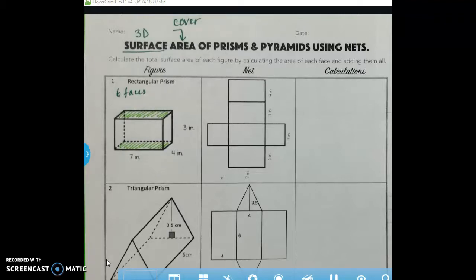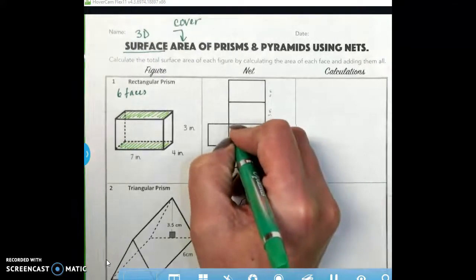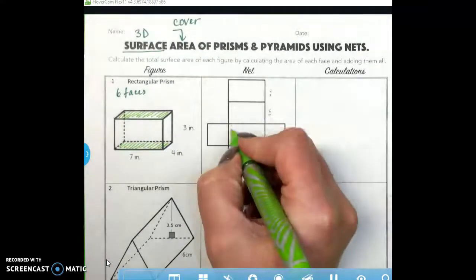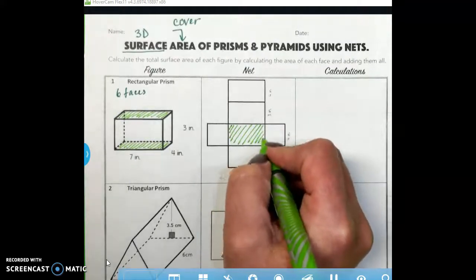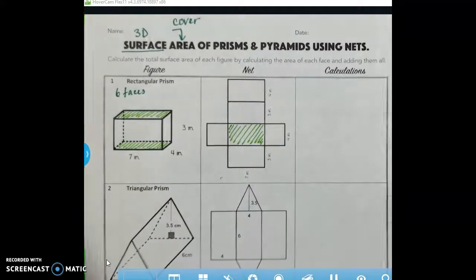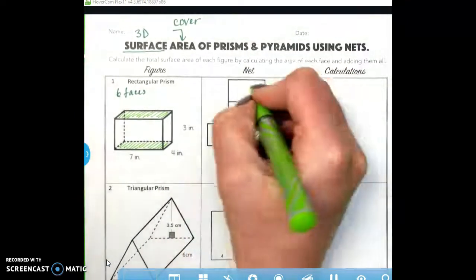So we already have a net here for us. This is going to be the base. I did not highlight it, but we are not going to highlight every side. We're really going to focus on base.